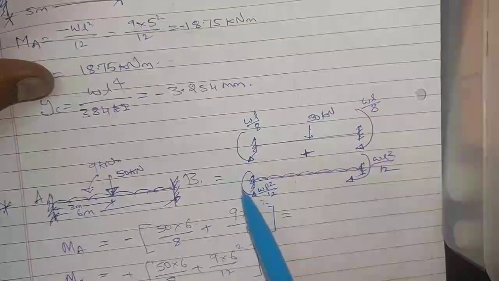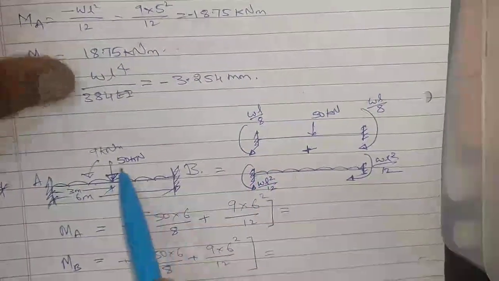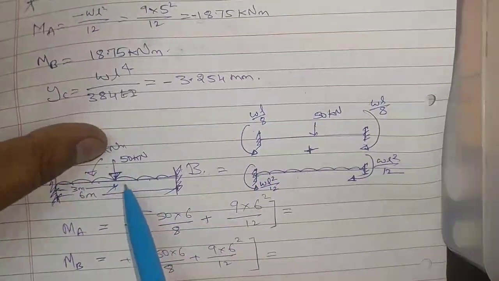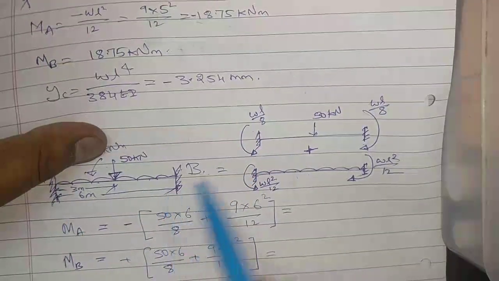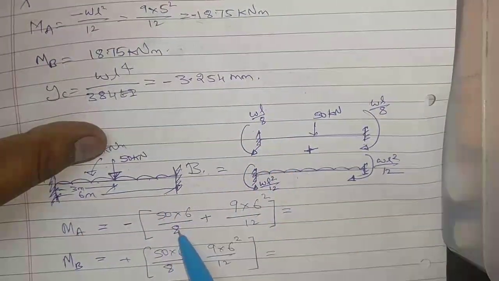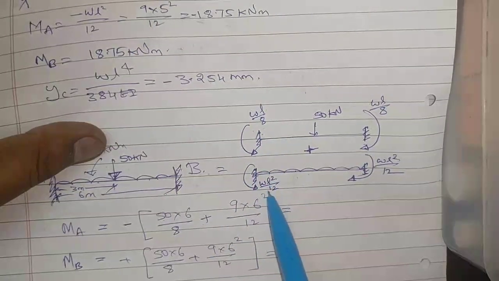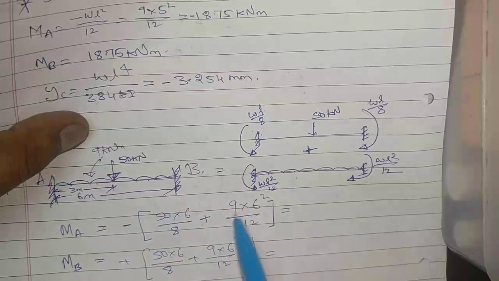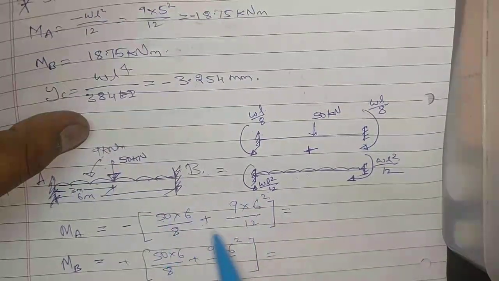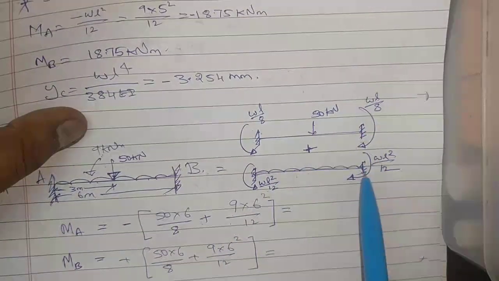So MA will be this plus this one. See here, MA point load is 50, so length is 6, so WL by 8 for point load plus WL square by 12. W is the UDL is 9, so 9 into 6 square by 12. This total will be your MA. The same way MB will be this plus this one.